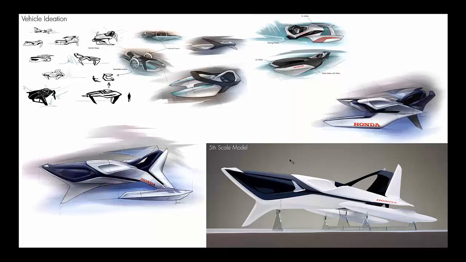And I developed a fifth scale model for it. Now, of course, we're not going to be doing any physical models in this class, but knowing how to create something in three dimensions is going to be very useful, because everything we do nowadays is going to be built in 3D, whether it's physically 3D or in a 3D computer program.